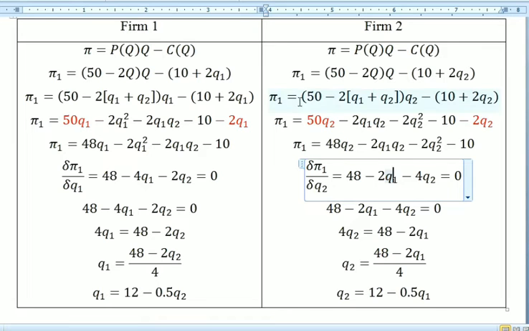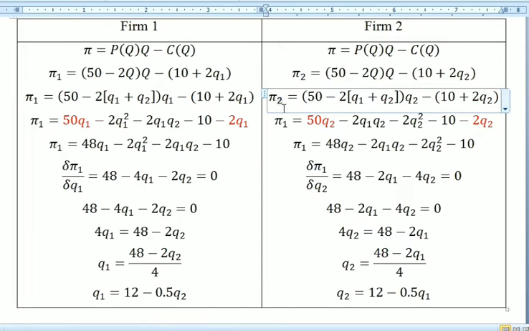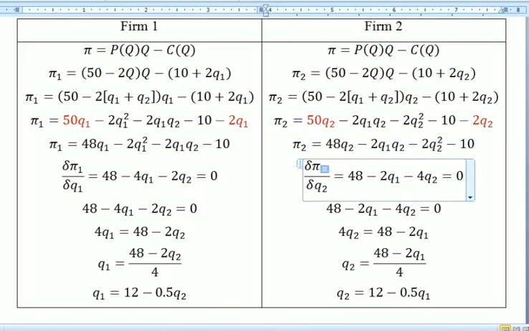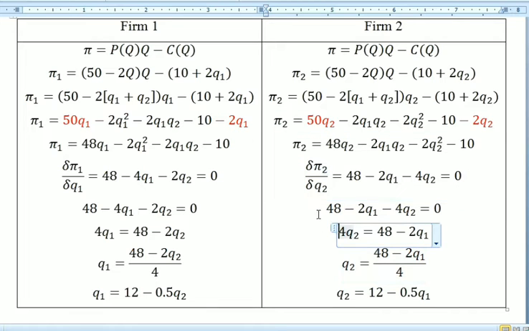So we get 48 minus 2Q1 minus 4Q2 equal to 0. Then we solve the equation and make Q2 the subject. So we divide by 4, and we get Q2 equals 12 minus 0.5Q1.